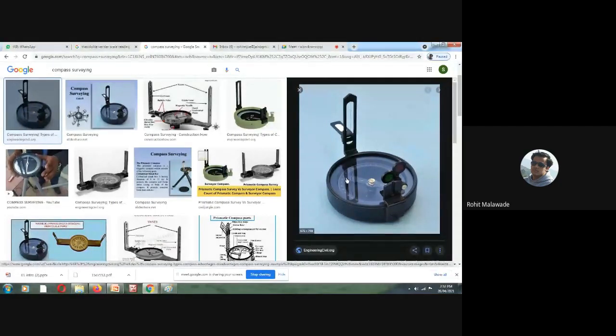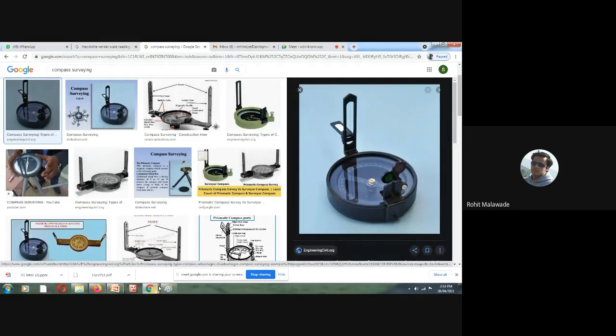The theodolite that we are going to learn in today's class is an advancement of this compass survey. The compass, the instrument we were using, was to determine the angle or change in direction.